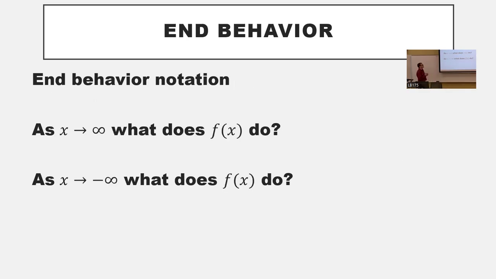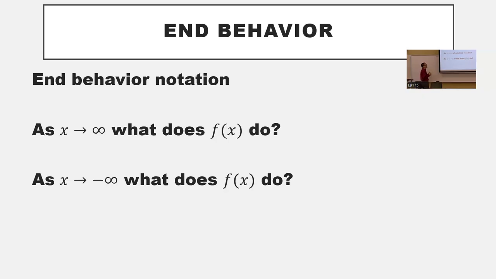And so that's what the notation is going to look like. This end behavior notation says as x goes to infinity. That just means as you're moving to the right on the graph, what's happening to the corresponding y value? What does f of x do? Or as x goes to negative infinity, what is the corresponding y value doing?